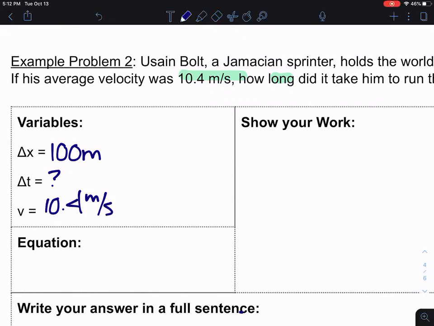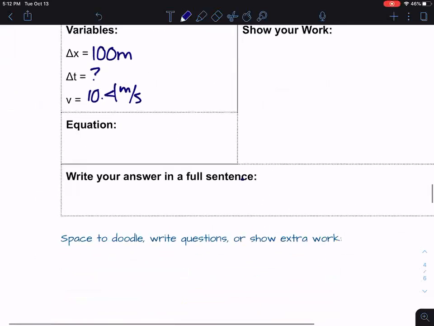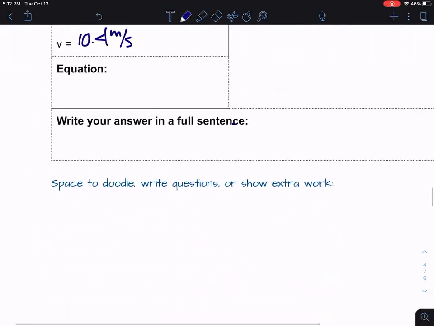So I have a couple of choices here. I could use my regular equation, and I could just leave delta t out, leave it as a variable. Or I could rearrange my equation. So I'm going to come down here. Right now my equation is v equals delta x over delta t. And so one thing that I can do is I can treat this just like any other algebra equation.